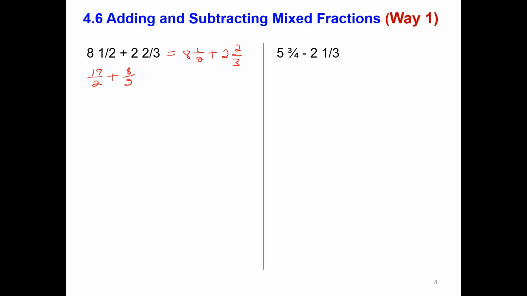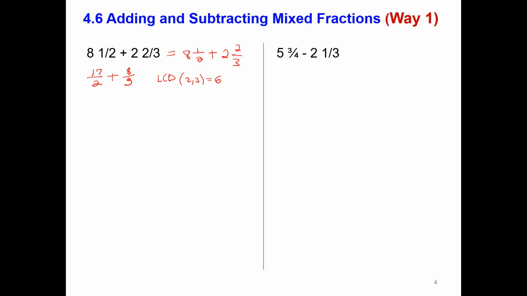Now we need to find the LCD to add these, because we have different denominators. The LCD of 2 and 3 is 6. We want 6 as the denominator in both fractions.